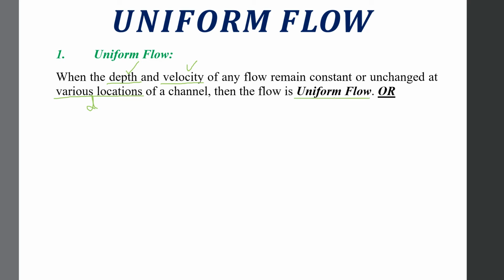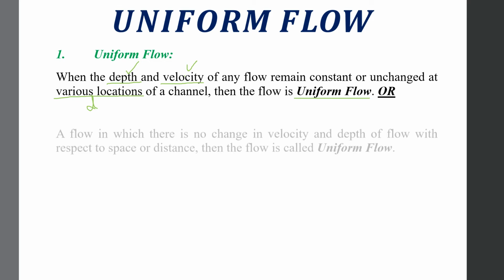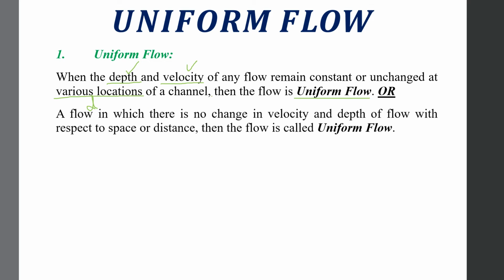A flow is always called uniform when the depth and velocity of flow are constant at different points in a single channel. Or another definition: a flow in which there is no change in velocity and depth of flow with respect to space, or with respect to distance. This is the condition for a flow to be uniform.